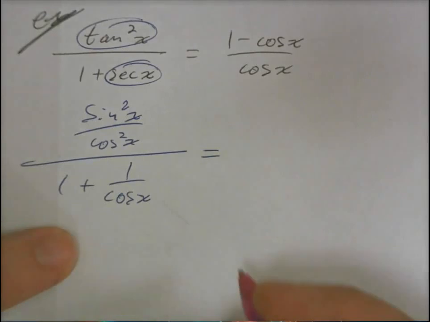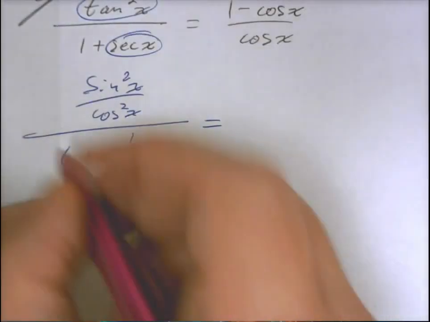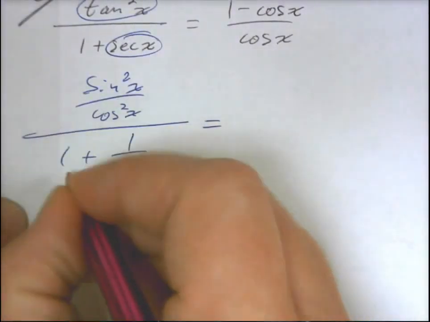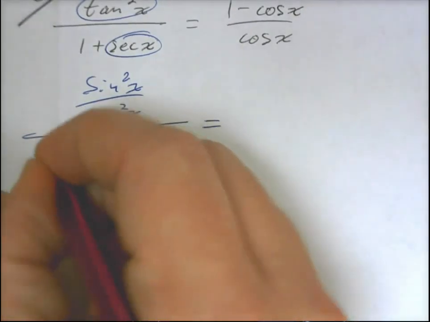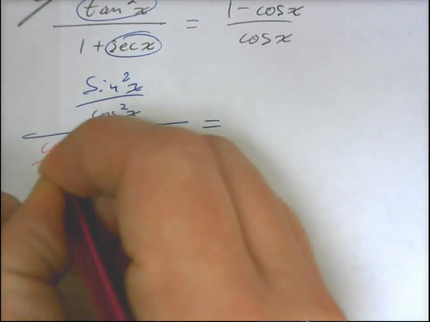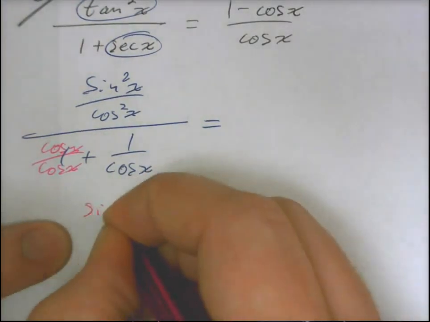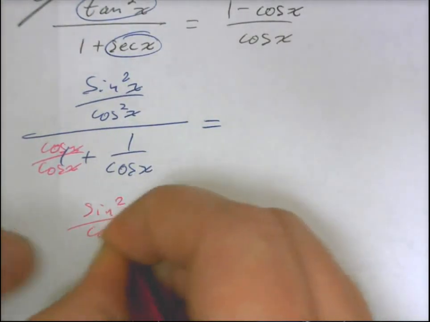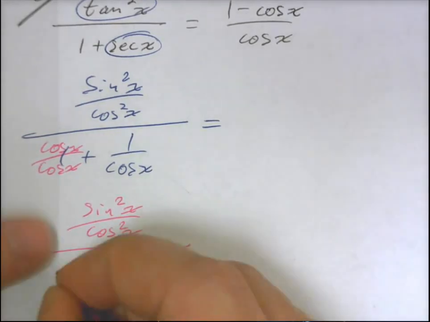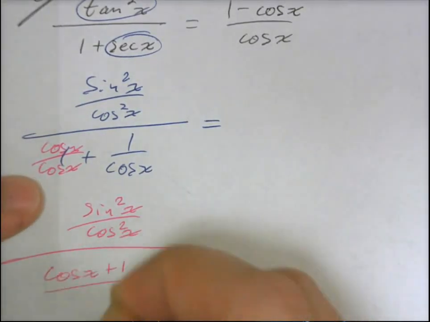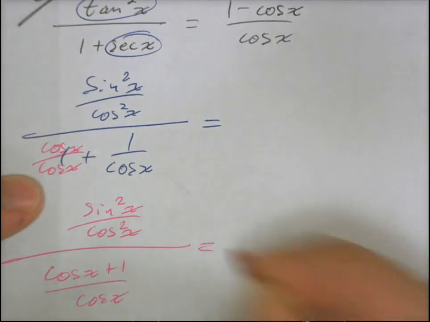Okay, cool. So there is our substitution. So on bottom, I need to have common denominators in order to add these things. So I can change this by multiplying by cosine over cosine. So this is cosine x over cosine x. So then I will simplify that to be sine squared over cosine squared over cosine plus 1 over cosine equals.